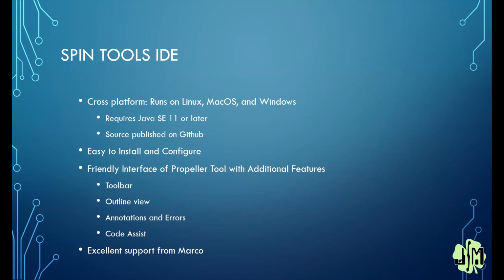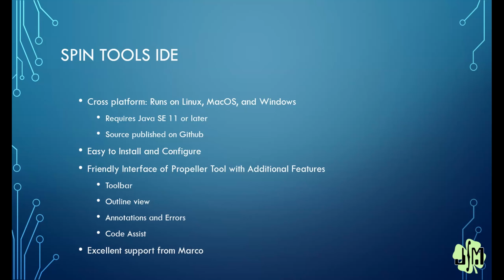Stephen had some really cool high-tech names for what Marco just calls code assist. So you can hover over things and it will give you information, so long as, like Stephen pointed out, you have document comments, then it will use those. And if it's a Spin keyword that Parallax had predefined, Marco has all that built in.